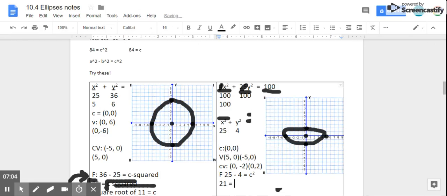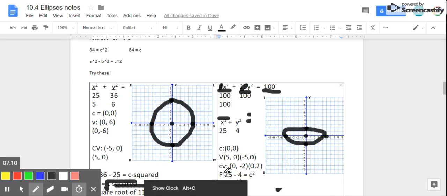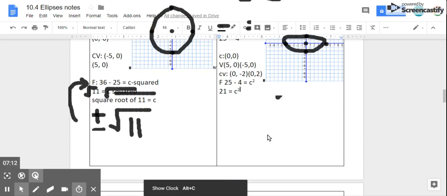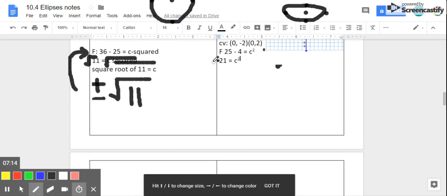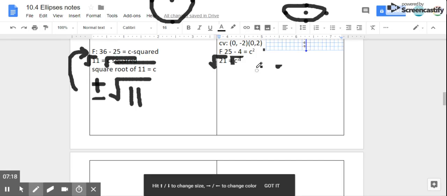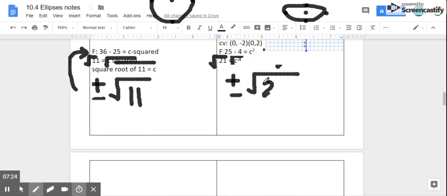If I get 21 equals c squared, to get rid of that, you need to square root both sides. And then can you break down the square root of 21? You can't, so you just write plus or minus square root 21. That is your foci.